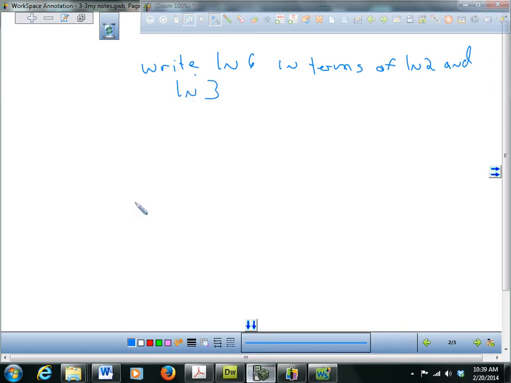Could you do that? What's 6 equal to? 2 times 3. So I could rewrite this. Natural log of 6 is equal to the natural log of 2 times 3. But using that first rule, I could rewrite this as what? Natural log of 2 plus the natural log of 3.